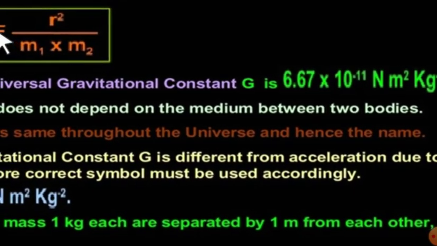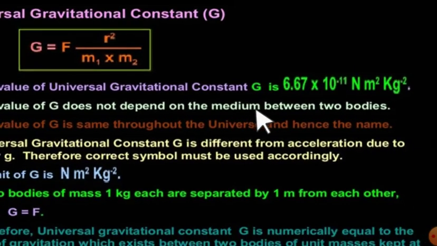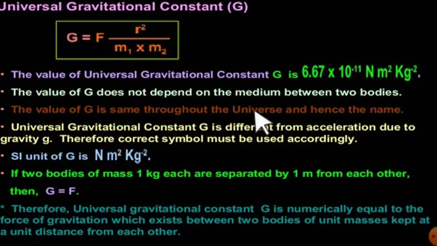So your Newton meter square, distance square means meter square, kg into kg means kg square. As it is in the denominator, we have to say per kg square. So Newton meter square per kg square is the SI unit of the universal gravitational constant. The value of G does not depend on the medium between two bodies, okay.